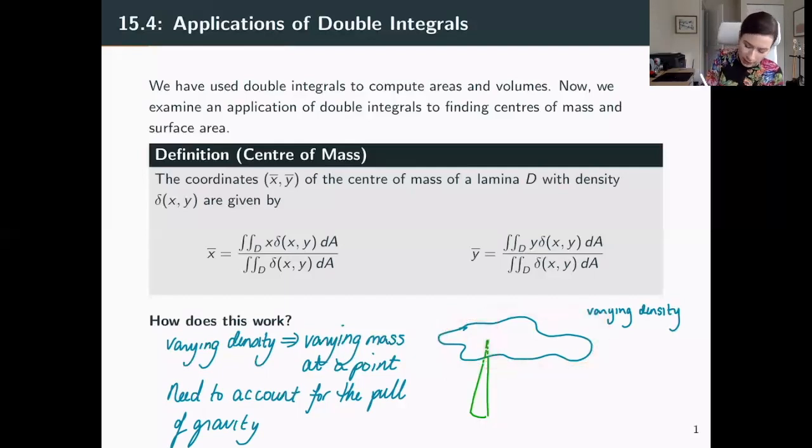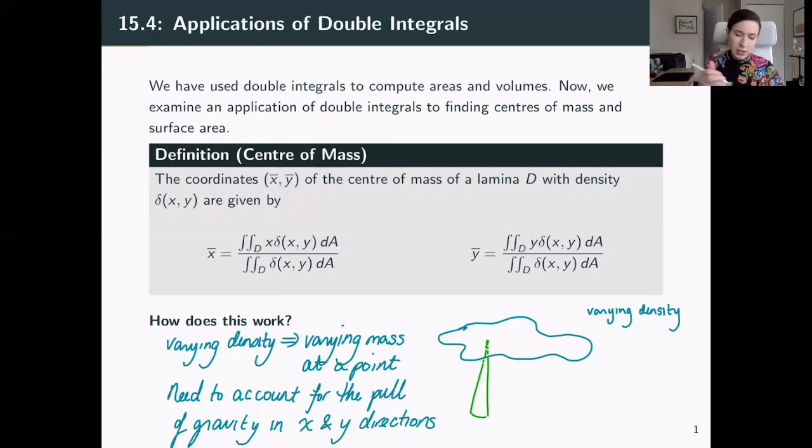And we're going to account for that pull in the x and y directions. The way that we're going to do that is by looking at what are known as the moments to help us find this center of mass.